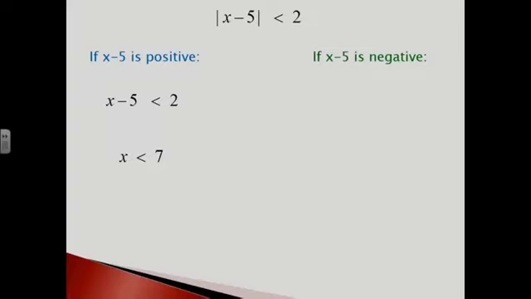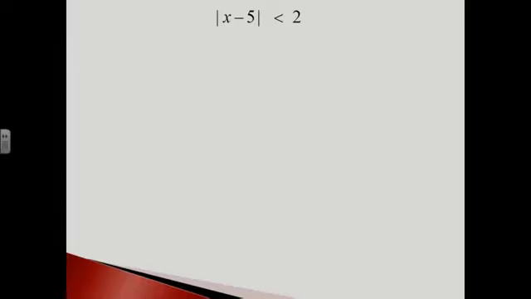If x minus 5 is negative, then the absolute value of x minus 5 is the opposite of x minus 5. Multiplying both sides by minus 1, the inequality reverses, and we get x greater than 3.